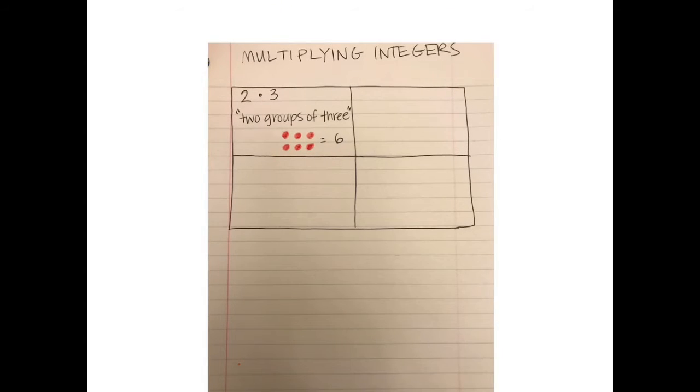If you were going to show that with floats and anchors, you would list 1 group of 3, 1, 2, 3, and 2 groups of 3, 1, 2, 3, in red for your floats, which would equal 6 items. That's pretty basic, and that's the first multiplication that you ever learned.